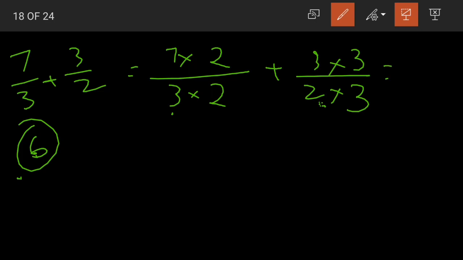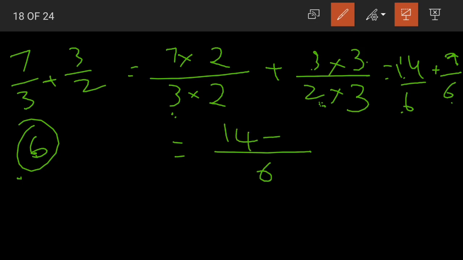Yes. Now 7 2s are 14 divided by 3 2s are 6 plus 3 3s are 9 divided by 6. Yes students. Now these two are like fractions. So we can simply add both the numerators and write the denominator. 14 plus 9 becomes 23 divided by 6. Now what is the result of addition of the mixed fractions?